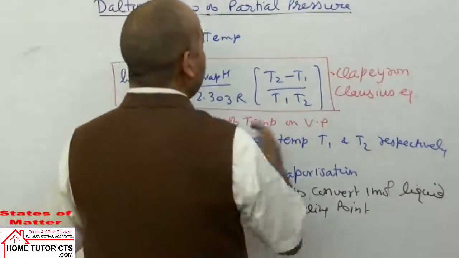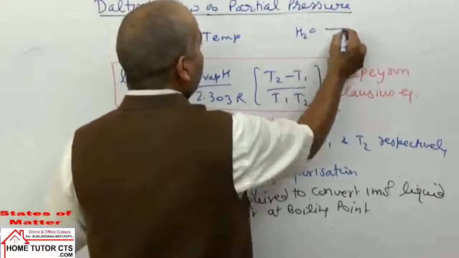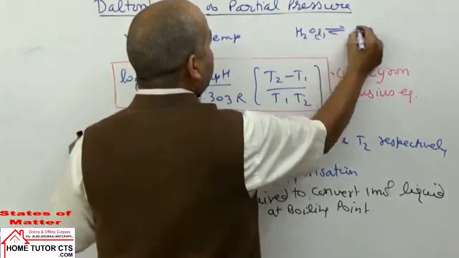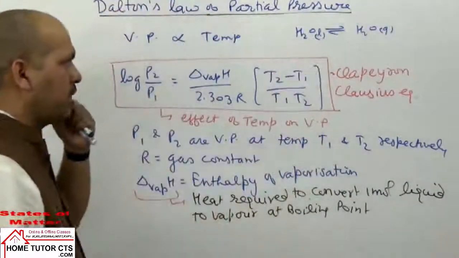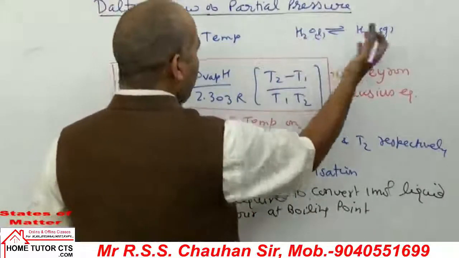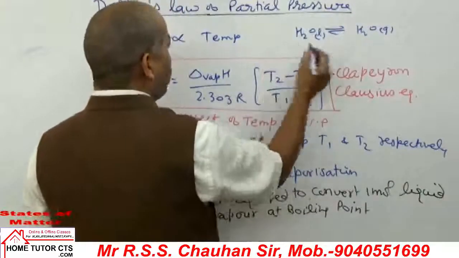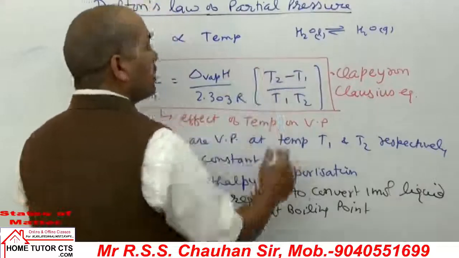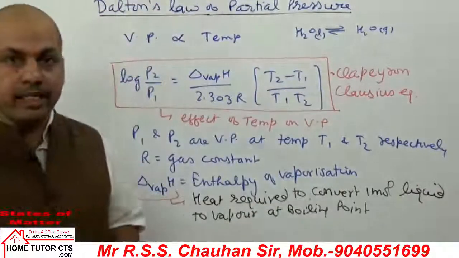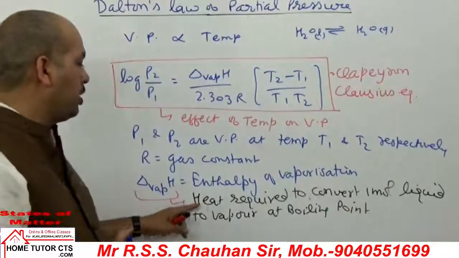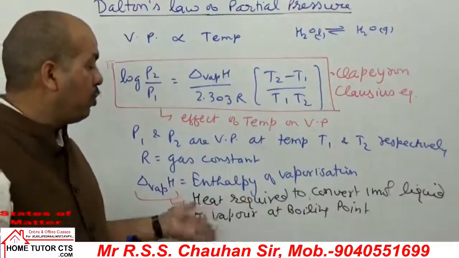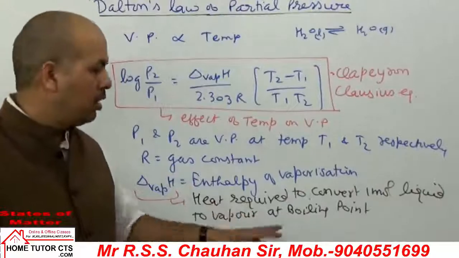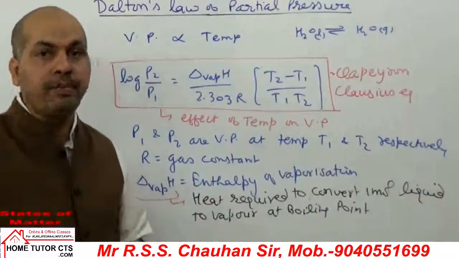When we have liquid evaporating, liquid to vapor conversion, I am just citing water or other case, then in the evaporation of liquid, heat is required. So this heat required in this case is called enthalpy of vaporization. What is its definition? Amount of heat required to convert 1 mole of liquid to vapor phase at boiling point temperature.